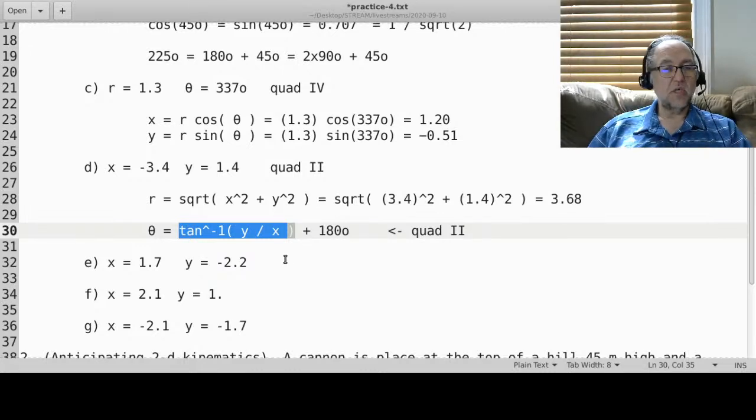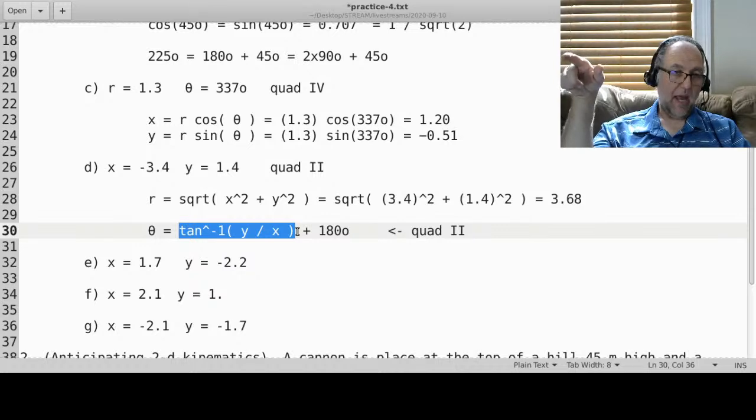And that might seem strange to you. You go, well, why isn't the inverse tangent enough? Why do you have to make this extra rule in there? It has to do with the fact that the inverse tangent is a multi-branched function, okay?